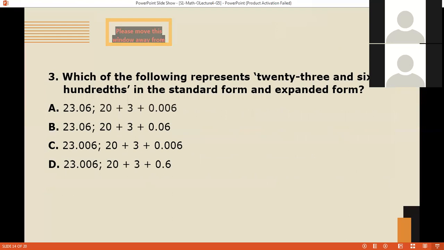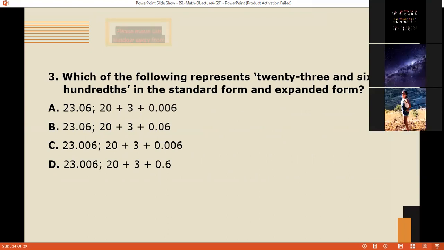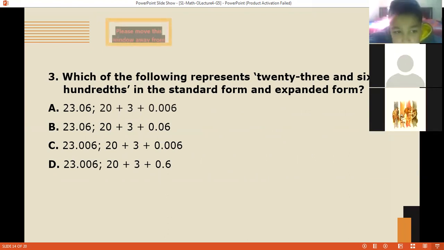So here we have the word form, and we need to check the others. Hussein Mughniyeh. Yalla Hussein.